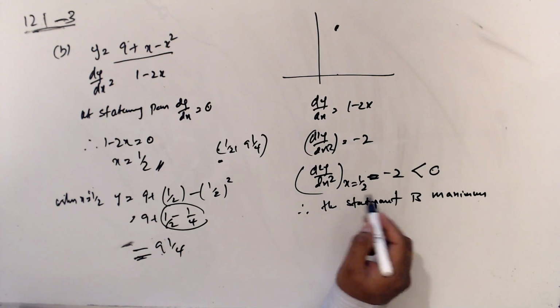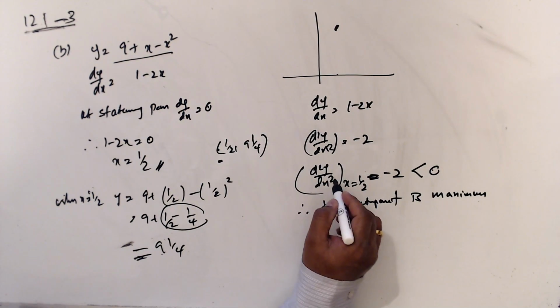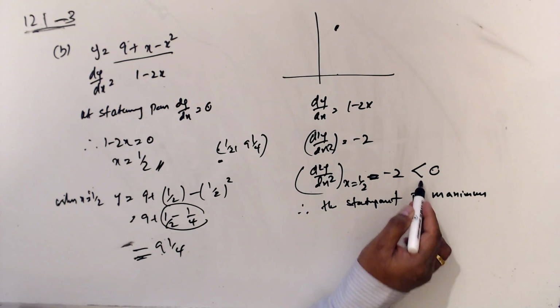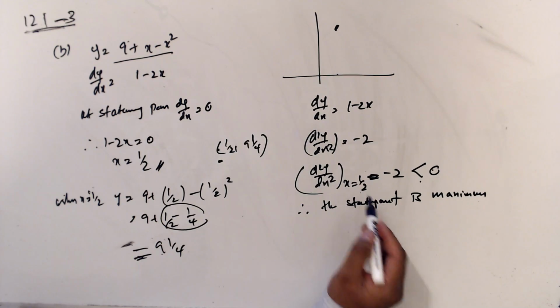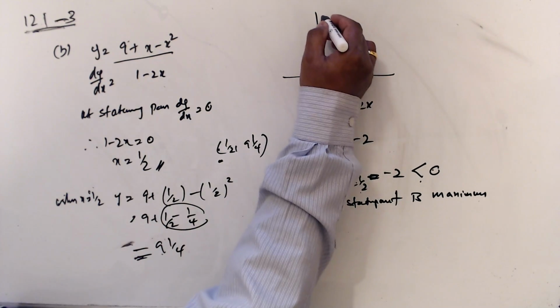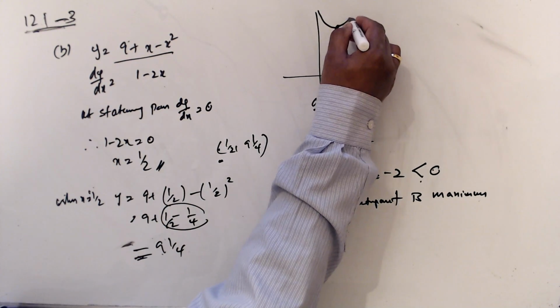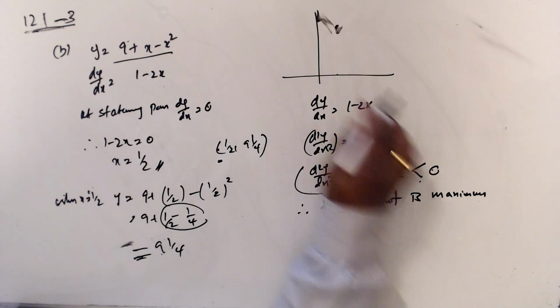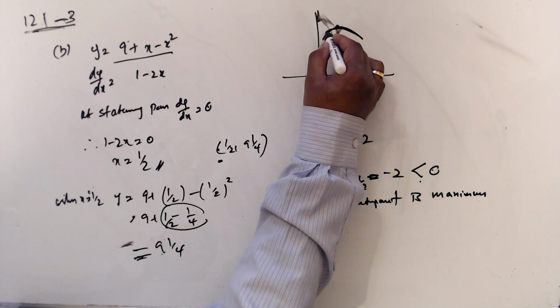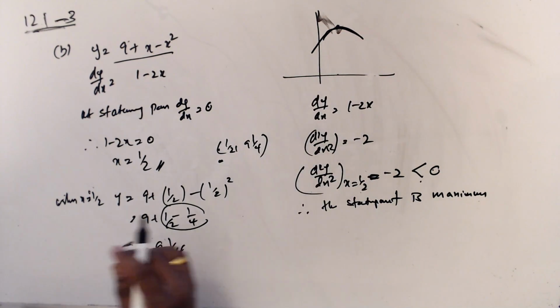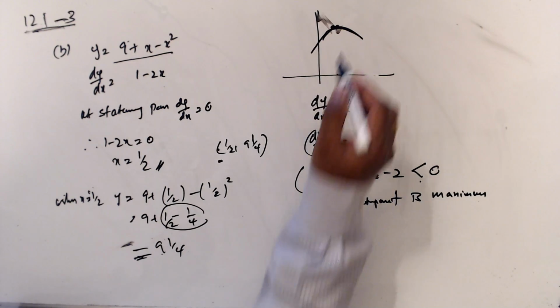We discuss the rule now. If double derivative is negative, then that point is a minimum. So this is going to be a minimum point. Sorry, maximum. Like this. So this is maximum.